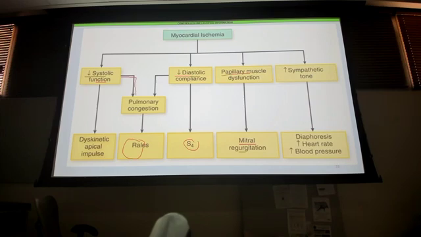And then last is the heart recognizes that it's under stress, increases sympathetic tone, which means I'm going to increase my heart rate, I'm going to increase my blood pressure, I'm going to cause that sweating or that diaphoresis. But imagine when we look back at stroke volume and cardiac output, what does tachycardia do to that?